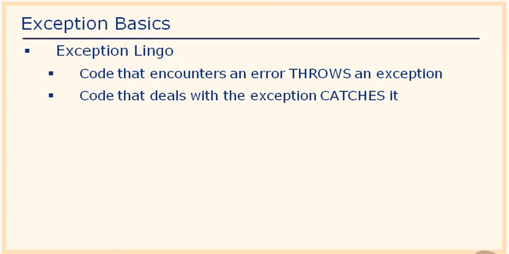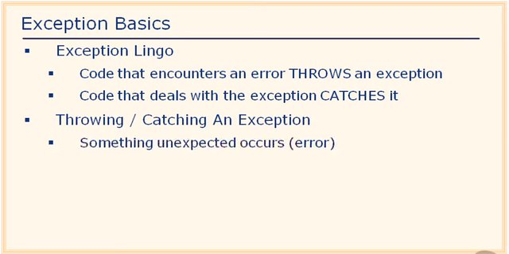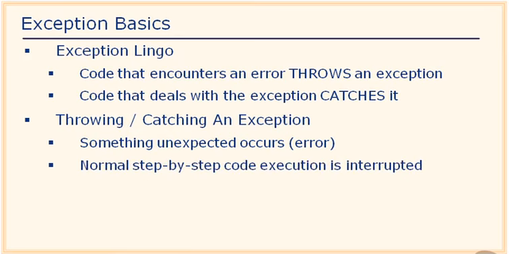The code that deals with the exception or the error that occurred catches what is thrown. Just think about a little baseball and a glove. When we're talking about throwing and catching an exception, we're looking for something to occur, an error, and we usually can guess fairly reliably what section of code might have a problem.